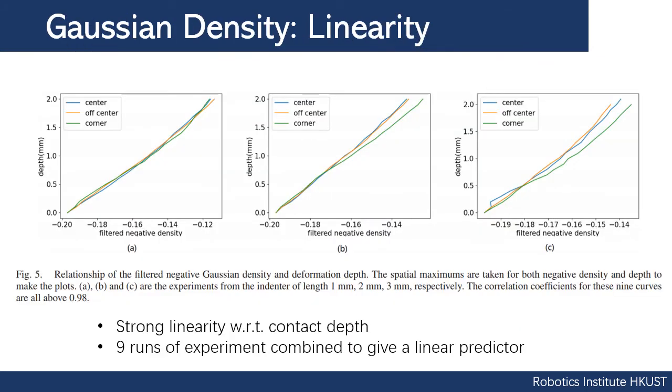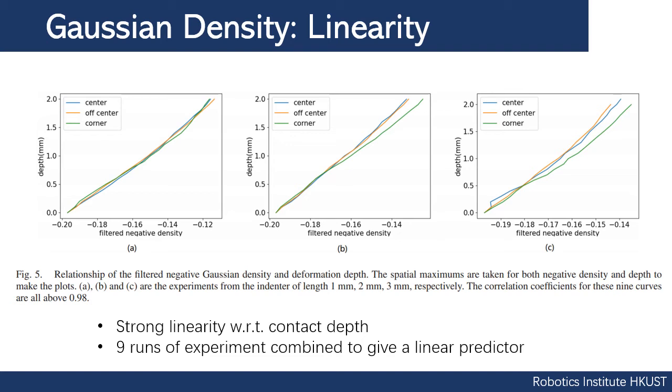We also did an experiment for the linearity of the Gaussian density with respect to the contact depth. Here are 3 figures corresponding to 3 indenters of different sizes. On each figure, there are 3 curves. Each of them corresponds to a contact made at the center of the sensor, the corner of the sensor, and the midpoint of the center and corner.